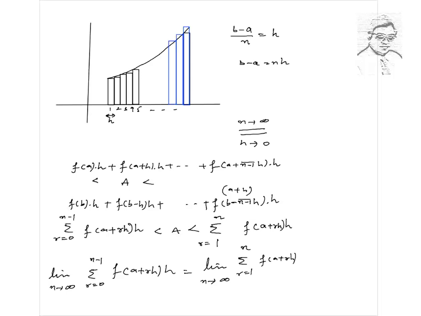This is equal to the true area. Otherwise, there were some gaps. Whether you look at this color or that color, in one case some gaps were left out, in the other case some extra gaps came up. But now when you take the limit, you get the true area.